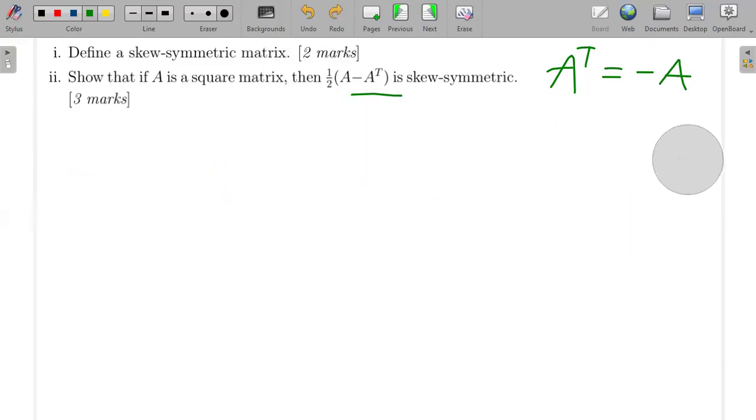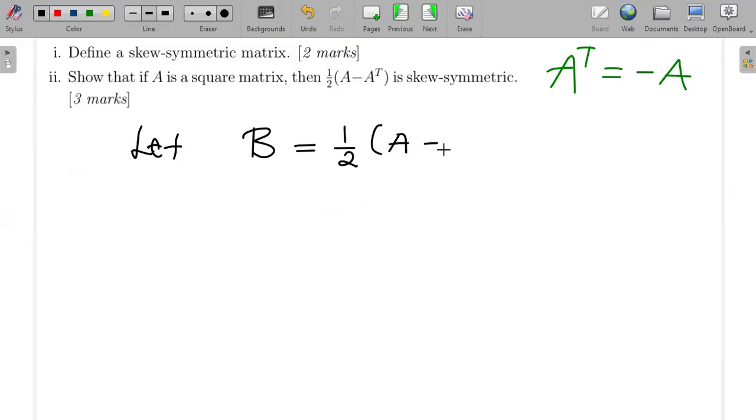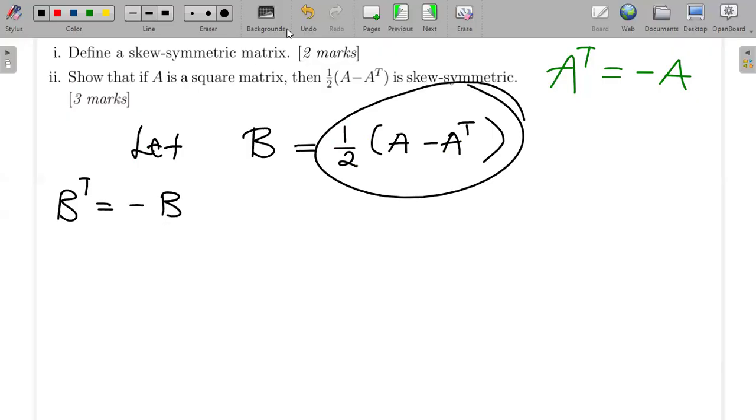Let B be equal to 1 over 2 times A minus A transpose. To show that this is skew symmetric, if B transpose is equal to minus B, then we conclude that it is skew symmetric, because B is equal to this. So let's start with the transpose.